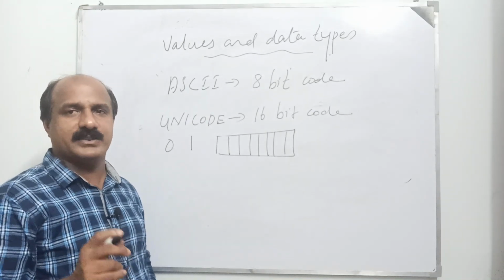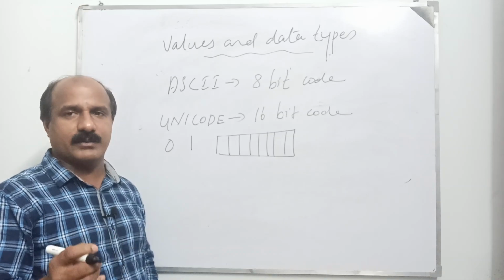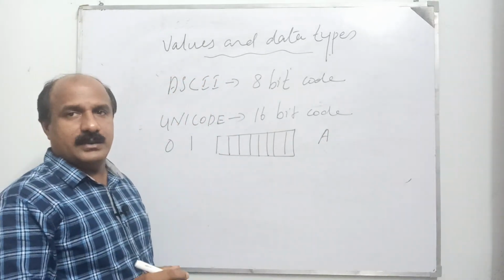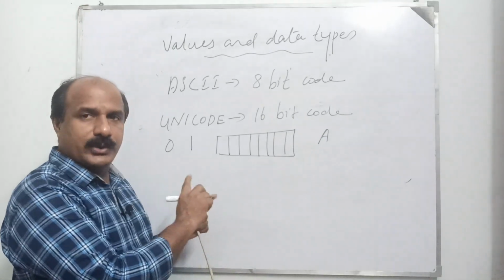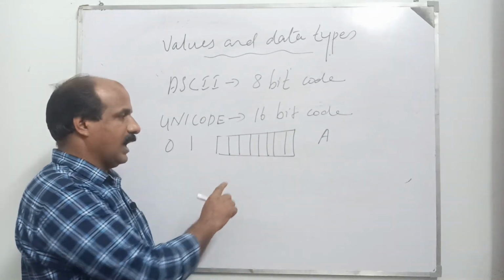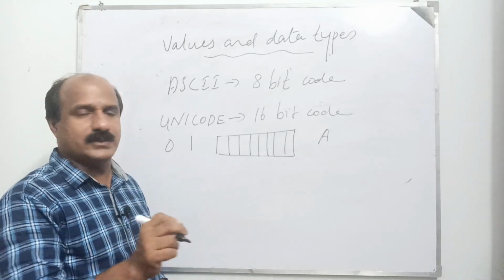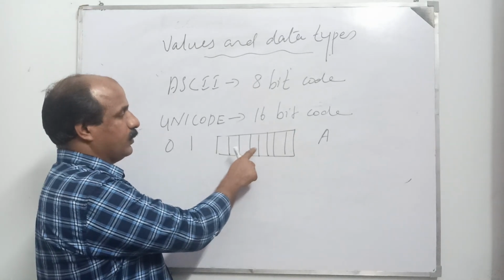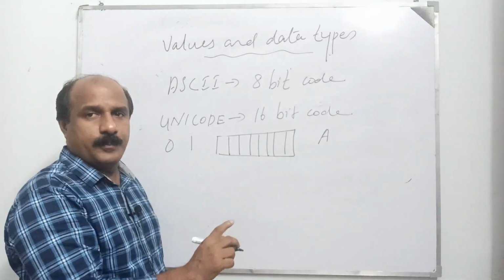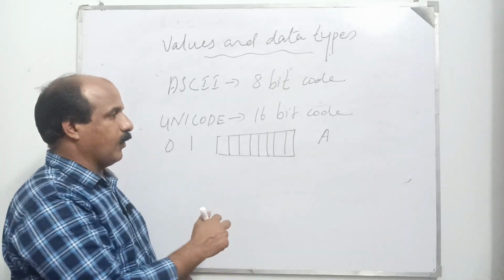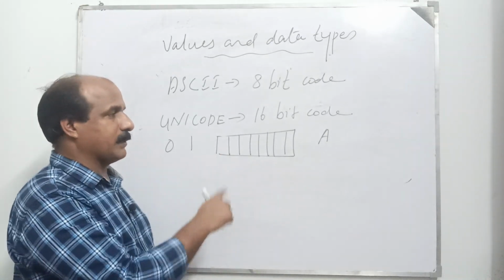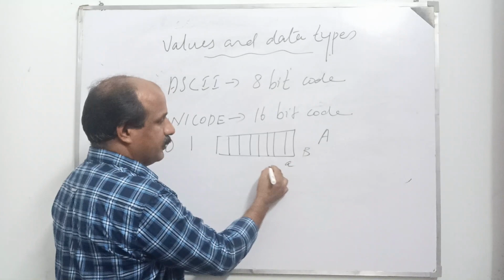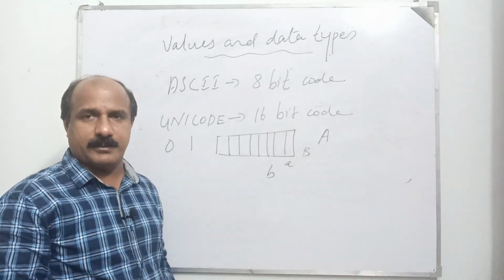Every character in the computer is represented through bits, zeros and ones. For example, for representing capital letter A, the computer uses a unique combination of zeros and ones, and it can use a maximum of 8 bits only. So a unique combination of zeros and ones will be made for representing A. It is the same for B, and small letter b, etc.